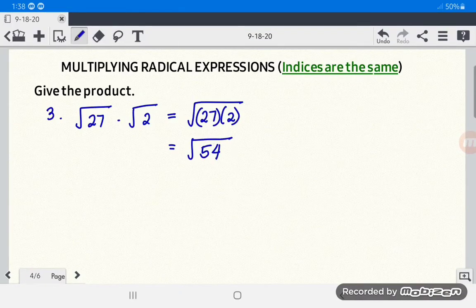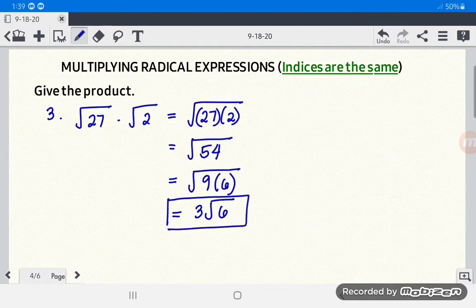Now, as you can see, 54 has a factor that is a perfect square, right? And what is this factor? We have 9, right? So the factors of 54 are 9 times 6. So the square root of 9, we have 3. Then you will just copy the square root of 6. Okay?